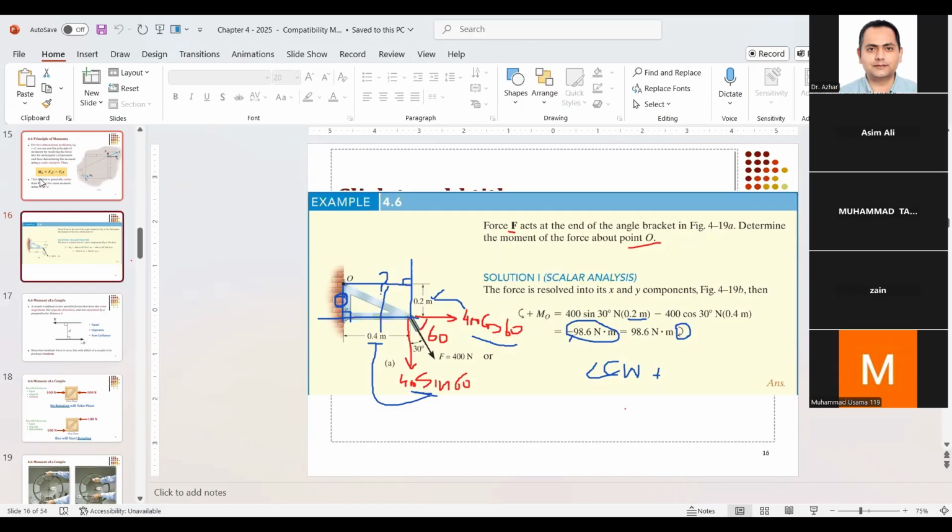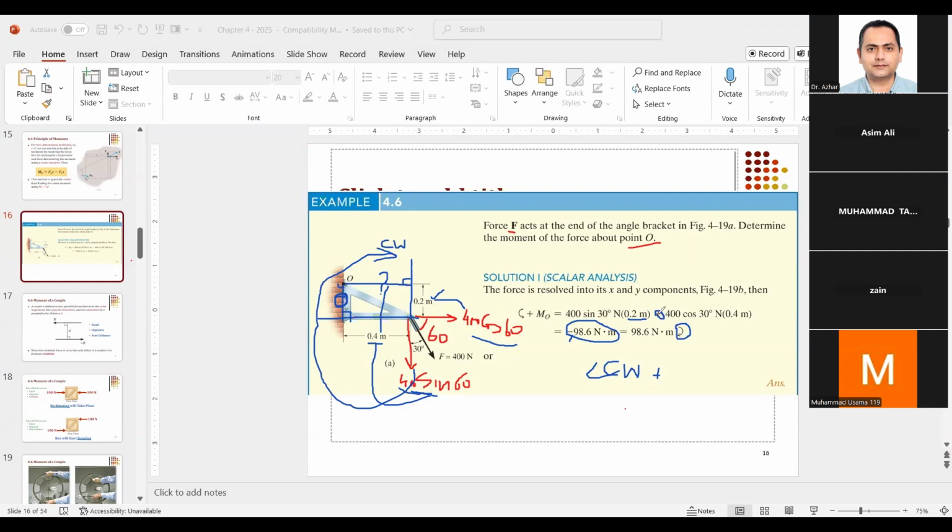No, we are just looking at the sense of the moment they are producing. For example, this 400 sine of 60 is producing a clockwise moment. The vertical component is producing clockwise moment about point O. That's why it has a negative sign.